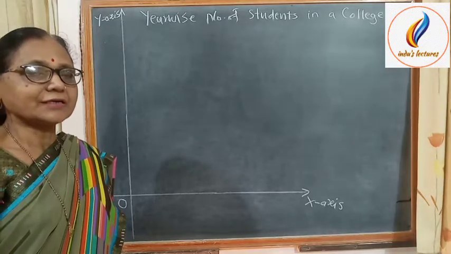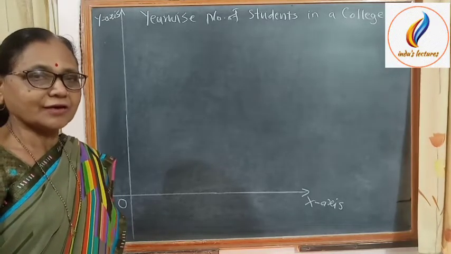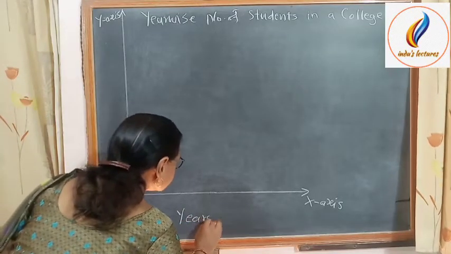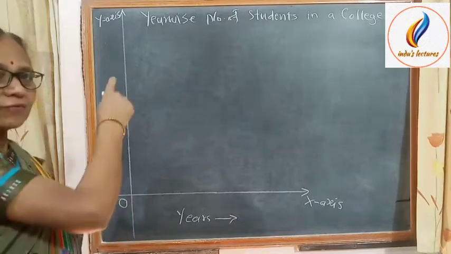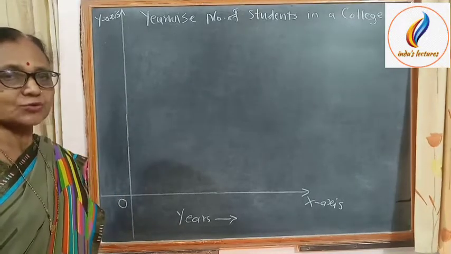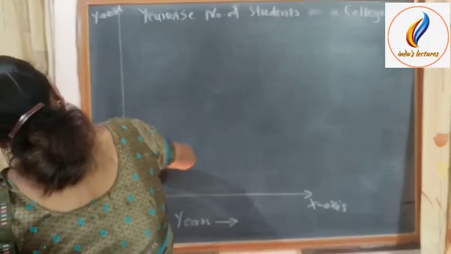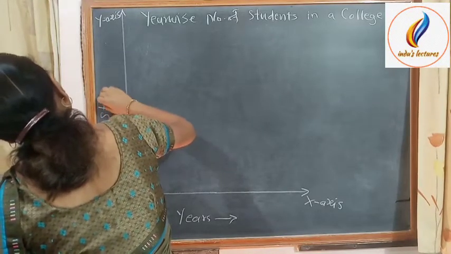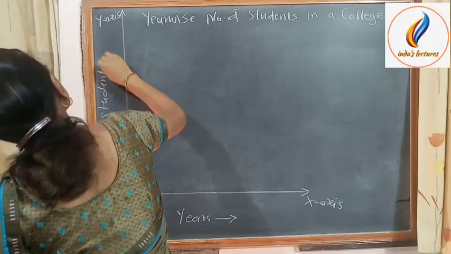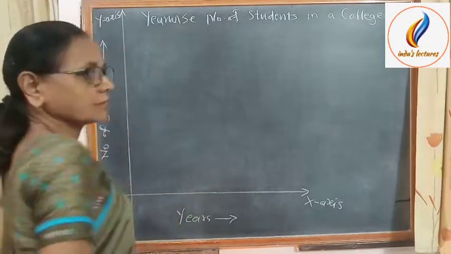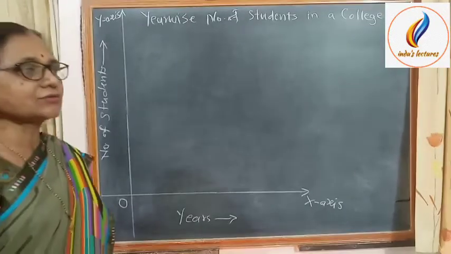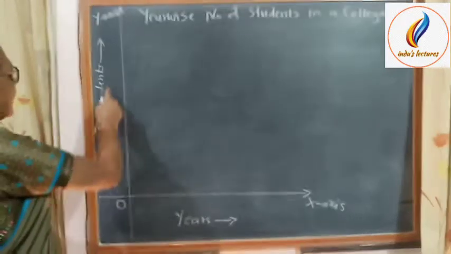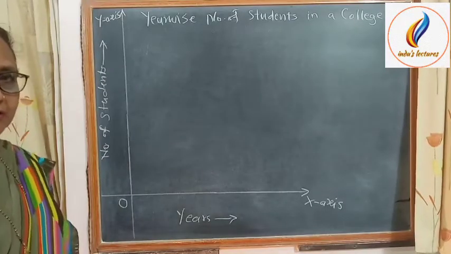So, we will take the variable year on the x-axis, and on the y-axis we will take number of students. Number of students is also referred to as frequencies. So instead of writing number of students, we can write frequency also.